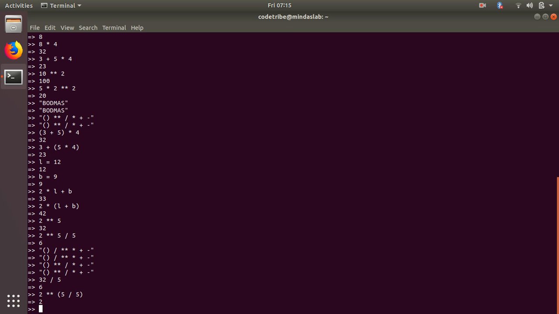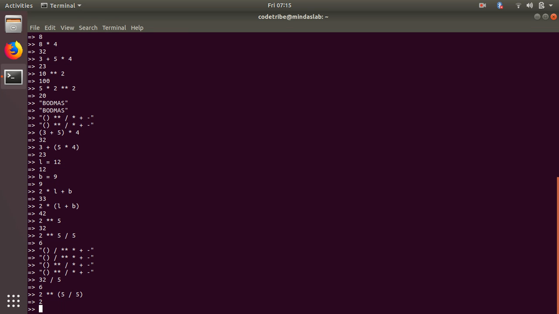So if you're doing math, you need to know about operator precedence, and try to use brackets wherever possible, so that in the future you won't be confused about your programs, or somebody reading your programs won't be confused about it.